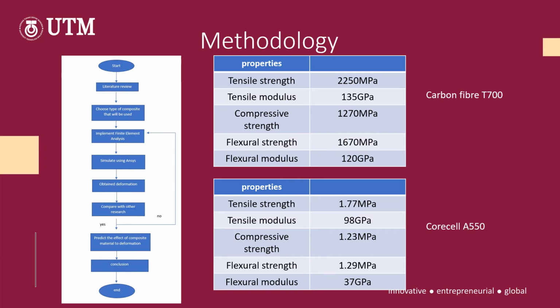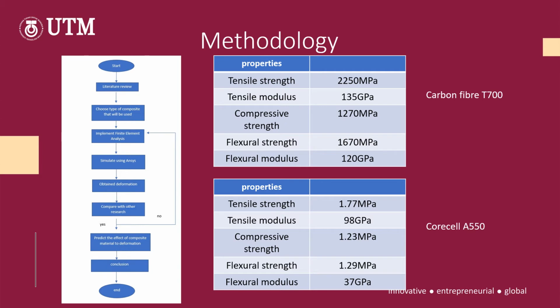FEM software such as Ansys is used to compute the deformation between both types of composite. This research focuses on the effect of the type of composite with the same material and dimension on its deformation.